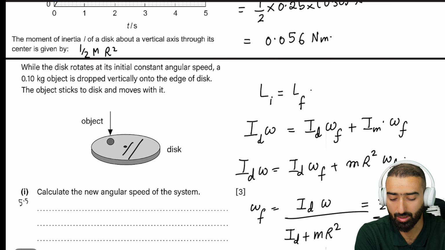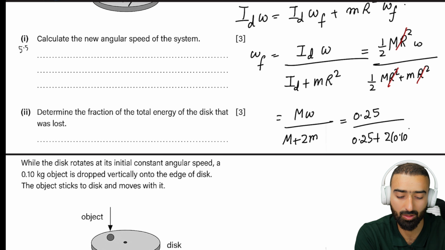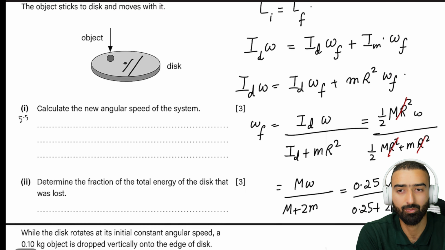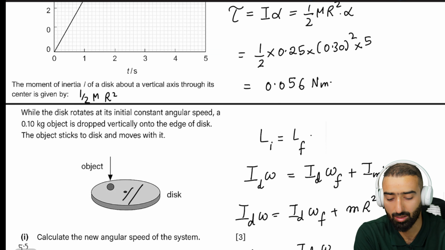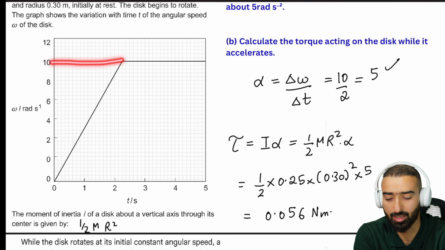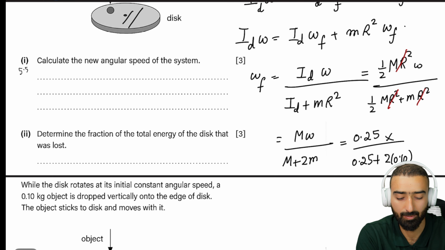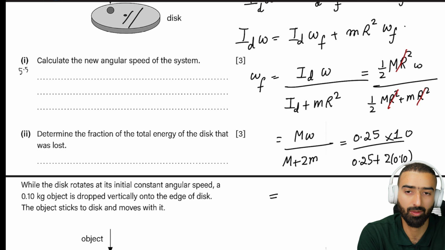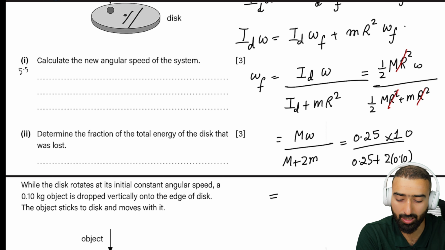So that would be 2 times 0.10 times omega, the initial rotational speed. Initial rotational speed is 10 radians per second. So we'll write that. So putting this into our calculator, we get a value of about 5.5 radians per second.